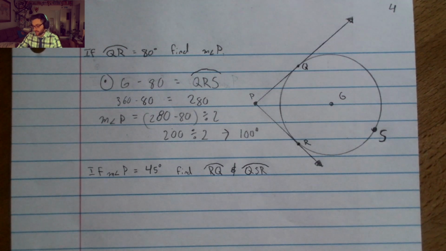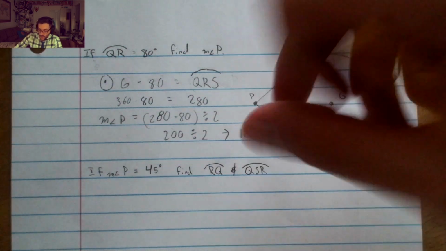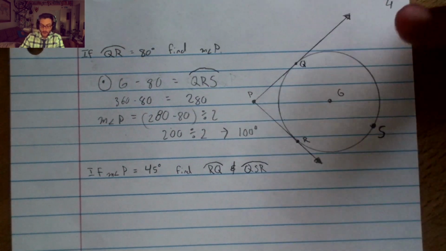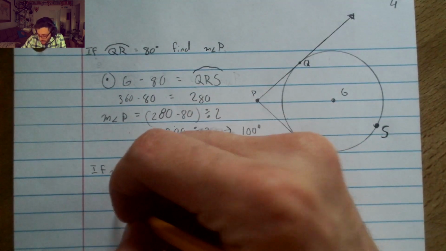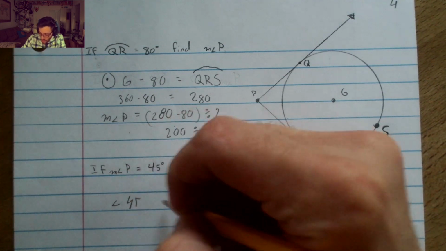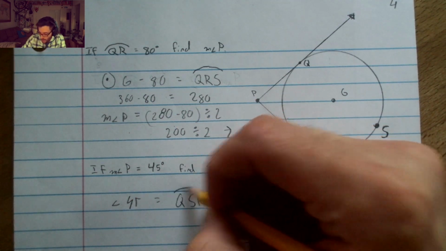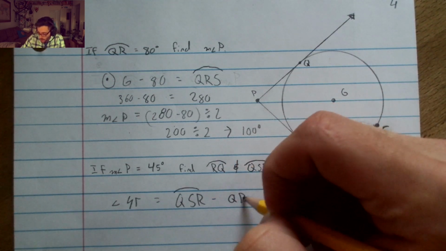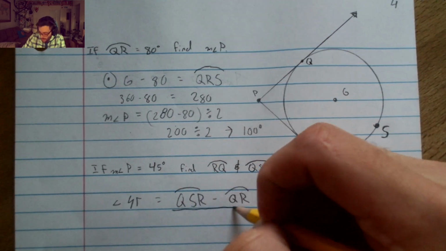So you might be saying to yourself, how do we go about using these two portions when we don't even have values? How are we going to get two different variables? In theory, our equation would look like this: it's going to be arc QSR minus arc QR, multiplied by 1/2, or we'll just say divide by 2.